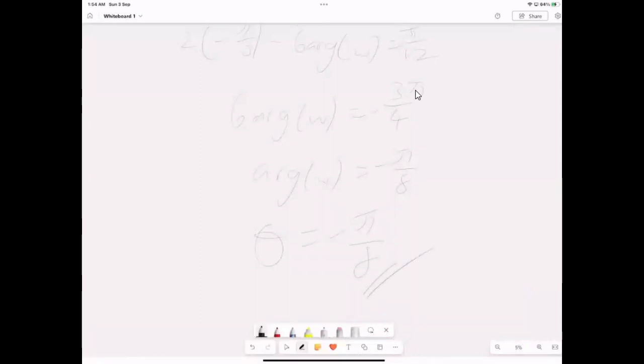Let me just check whether it's the correct answer quickly. I actually have the solutions popped up. Let me make sure this is the correct one. I may be wrong. Okay, so minus pi over 8 is the answer, but accompanying it there's actually a k pi over 3. Let me see what went wrong here.